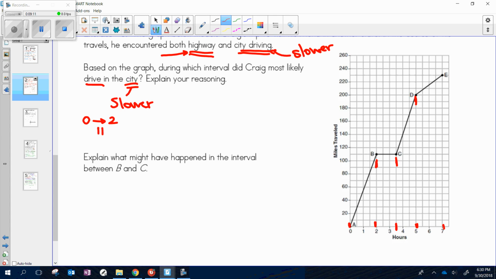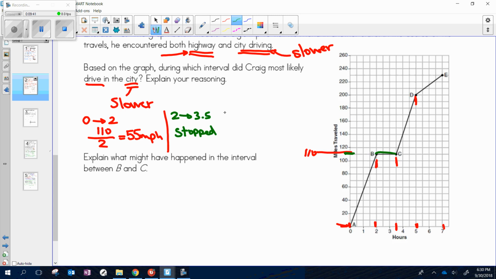He went 110 miles from here up to here. This is 110. And he did that in 2 hours. So he was going 55 miles per hour. Doesn't sound like city driving to me. From this time to this time, he really wasn't driving because his distance wasn't changing. So I did not say 2 to 3.5 because it appears that he may have stopped then.